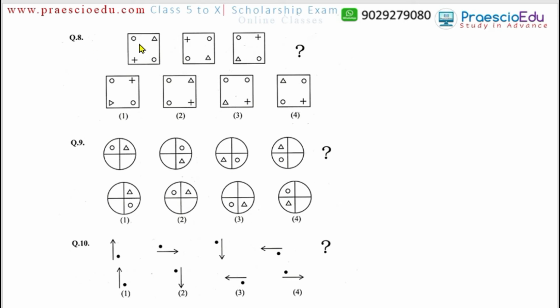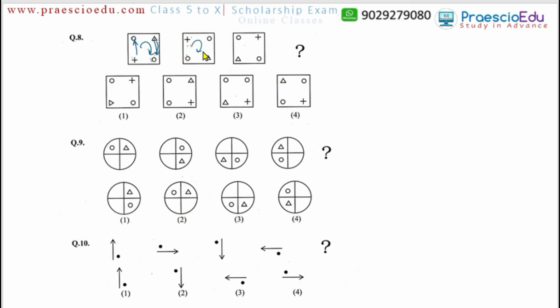Now question number 8, in this one there are two opposite circles and then a triangle and cross signs. Now this is rotating in a different direction, this comes here and this comes here like this. Now this and this one also the same, rotating in clockwise direction.